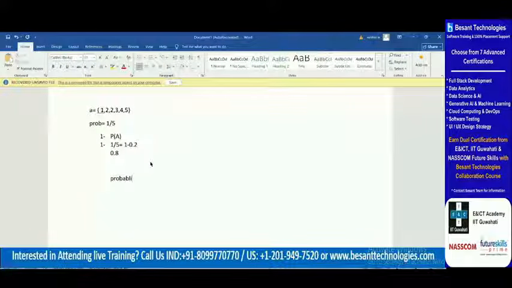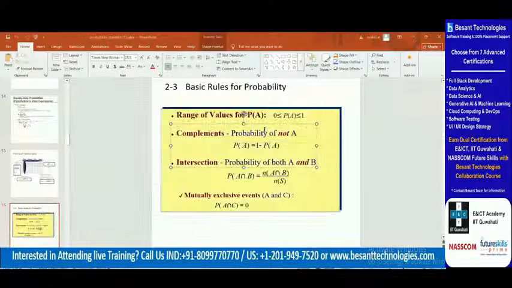Okay, it is 2 by 6, not 2 by 7. Counting 1, 2, 3, 4, 5, 6, that 2 by 6 evaluates to 1 by 3. Now, the probability of not getting 2 is just 1 minus 1 by 3. That will be your output for not getting 2. Hope you understood this formula.